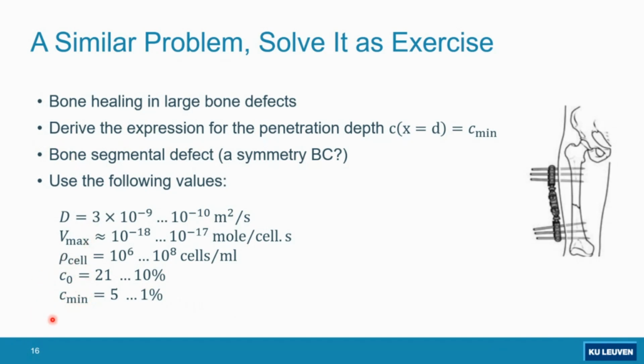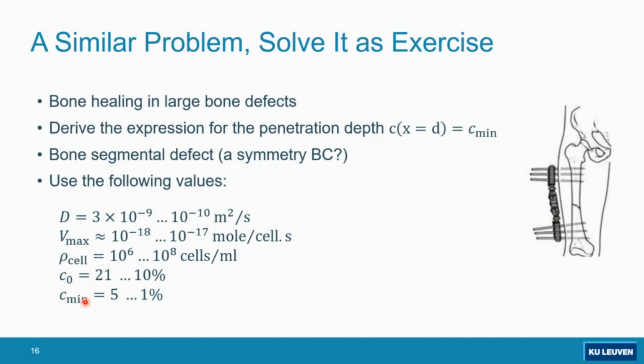For example, the minimum amount of oxygen that can be in the middle, and also the initial concentration of oxygen. So here you see that, in this case, the boundary condition in the middle is not C equals 0, because you need a minimum amount of oxygen.